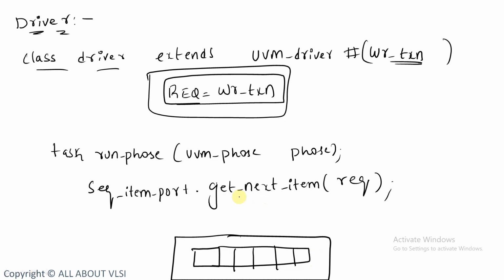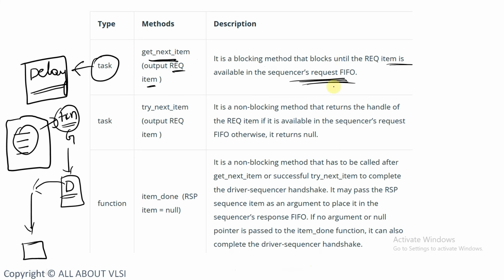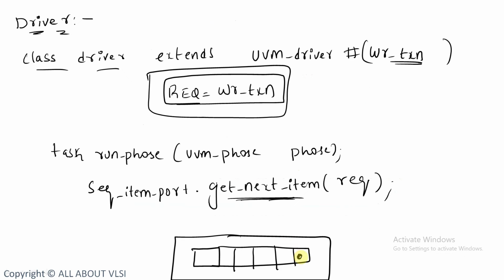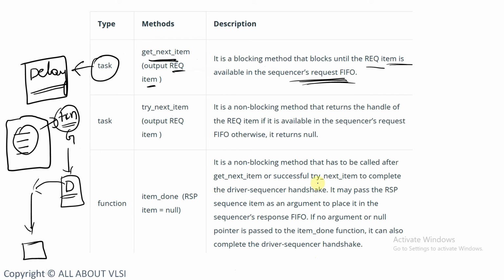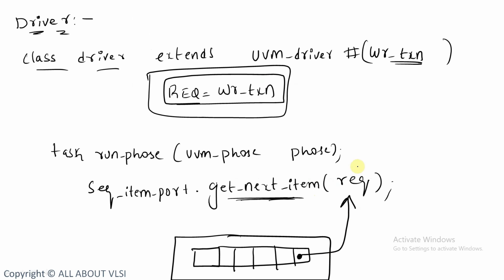When we call get_next_item, it waits for the availability of the REQ item in the request FIFO. Whenever the item is available, the object will be copied into this REQ, and once the copy is completed, the task is completed.